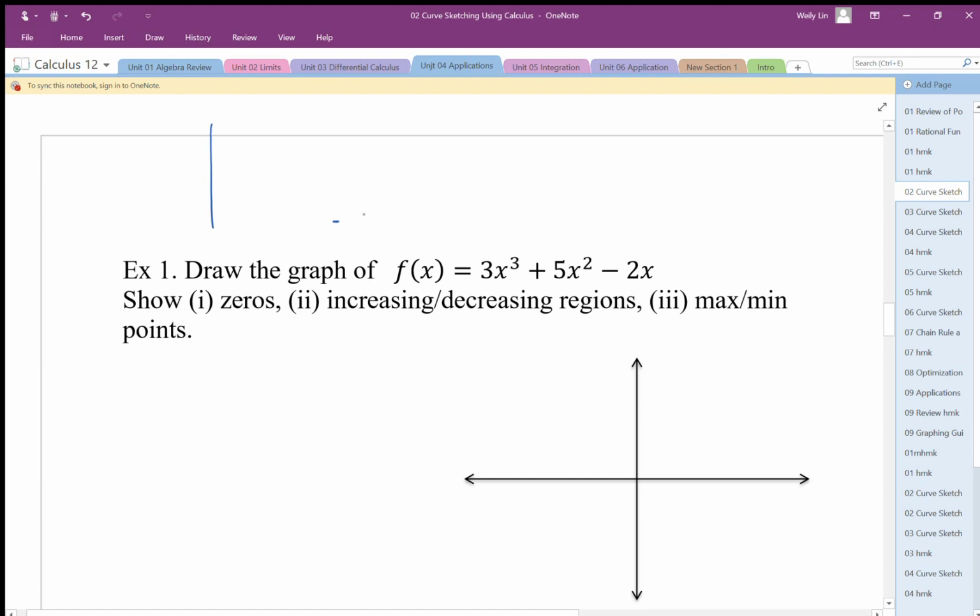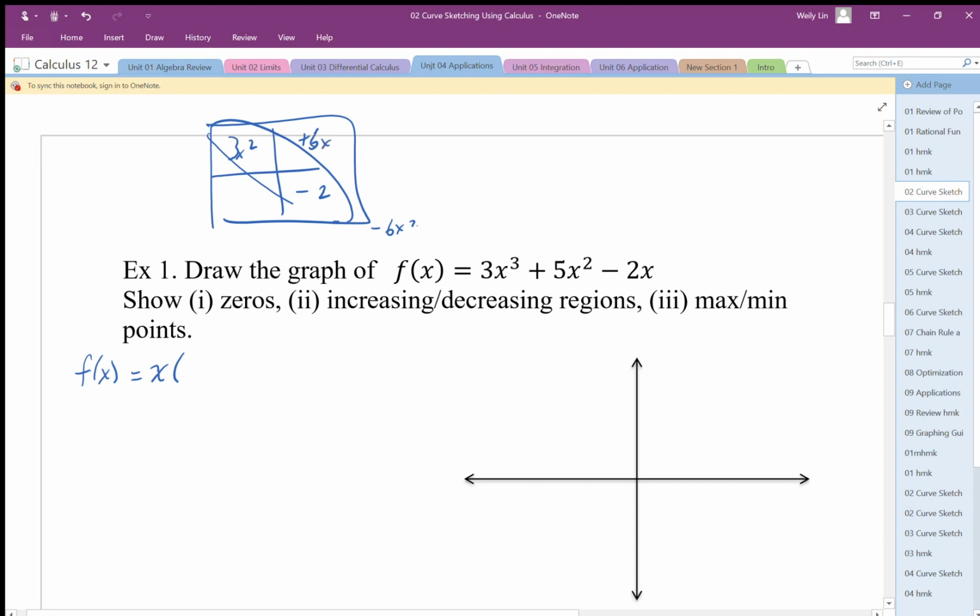We need to factor this and find out our zeros. Okay, so I'm going to factor the x out. So f of x is equal to x bracket, and I'm going to factor that 3x squared plus 5x minus 2. We know that the diagonal equals 6x squared, so we know that it has to add up to positive 5x.